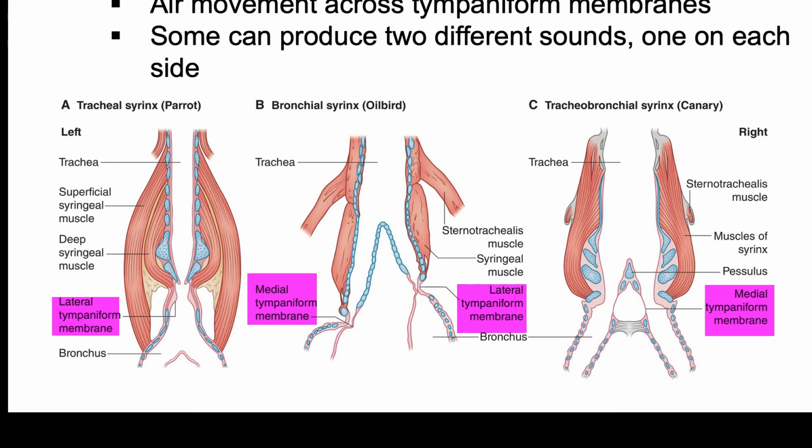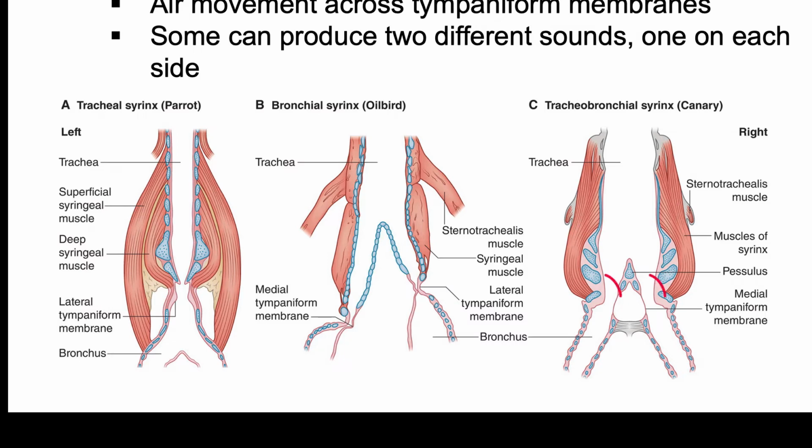Sound is produced as air moves across the tympaniform membranes, and there are two of these, one on each side. In some cases, birds can actually make two different sounds using each tympaniform membrane on each side simultaneously, so they can make different sounds that can complement each other or add some complexity to a vocalization. What we're going to find, though, is that the extent of the musculature associated with the syrinx varies greatly among birds.